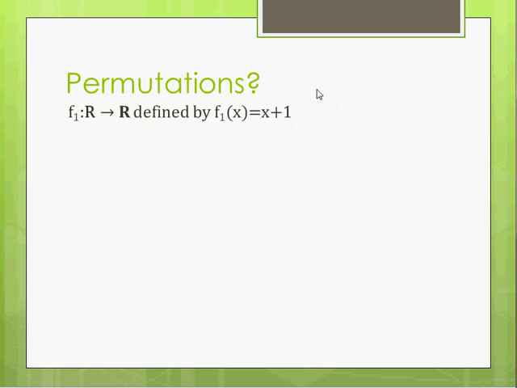All our outputs will be negative infinity to infinity, or the reals. How about this one? Well, is x squared a one-to-one function? It's not, is it? It doesn't pass a horizontal line test. And also it's not onto, because the outputs will always be positive, but our range is all the reals.